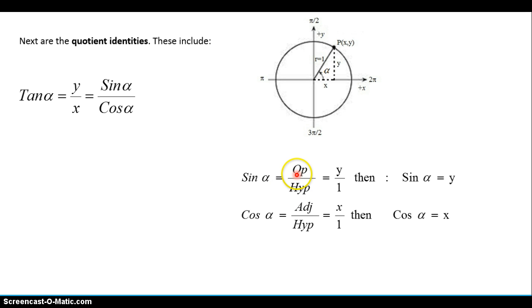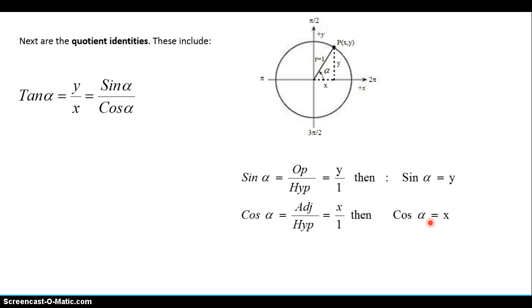The sine is the opposite. The opposite of my angle is the same as y over the hypotenuse, that is the same as 1. That's why the sine of the angle is the same as y. And the cosine of the angle is the same as the adjacent side, that is x, over the hypotenuse. The adjacent is the same as the value of x, and the hypotenuse is the same as 1. Then the cosine of the angle is the same as x.